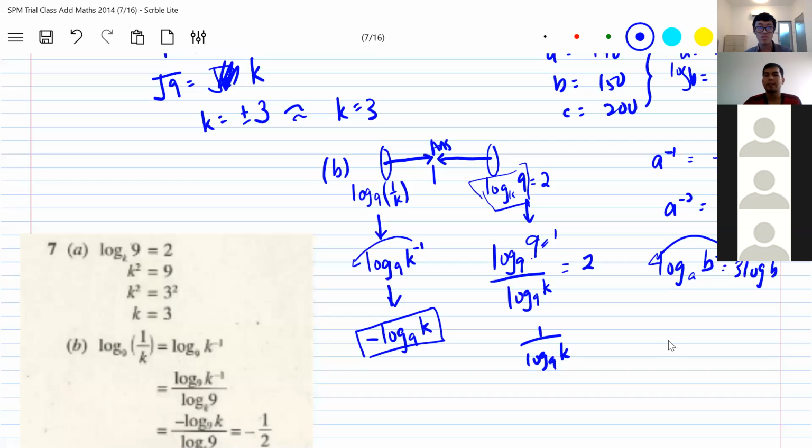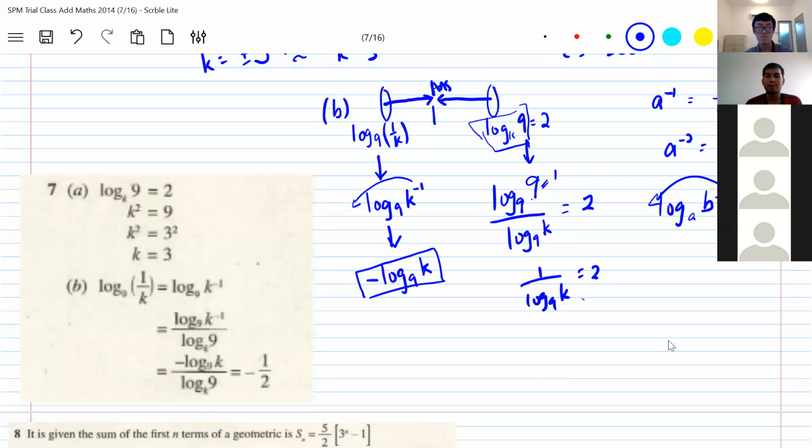From this fraction, you can bring it further. You can bring the 2 down and bring the log up. So that's 1 over 2 is equal to log base 9 of k. Times both terms by negative, and there you have it.